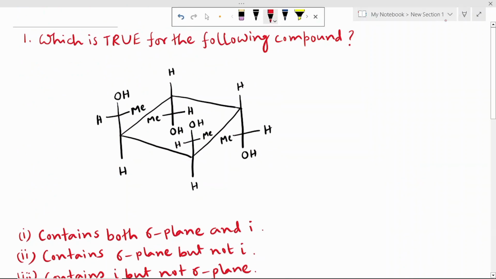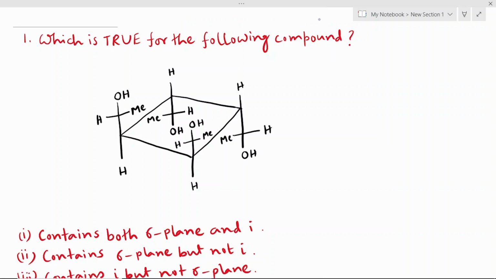In order to solve the problem, we first assign the RS configuration of these asymmetric centers. So this is 1, this is 2, this is 3 and this is 4. So it will be 1, 2, 3.